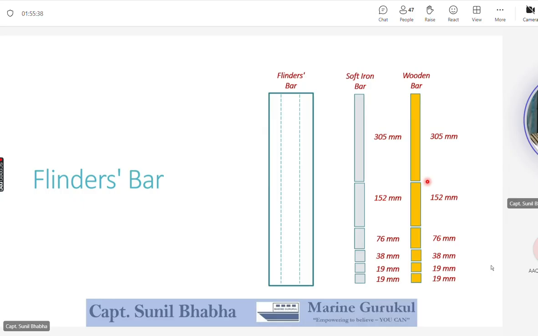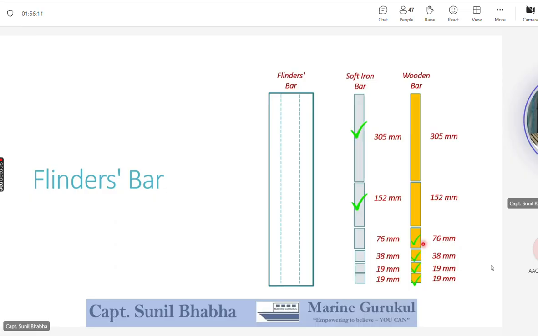First of all, the compass adjuster evaluates what length of the Flinders bar he requires. Let us assume that on a particular ship, the compass adjuster has ascertained that he needs to use these two pieces, 305 mm and 152 mm. Leaving these two pieces, 305 and 152, he will pick up all the other pieces of the wooden bar.